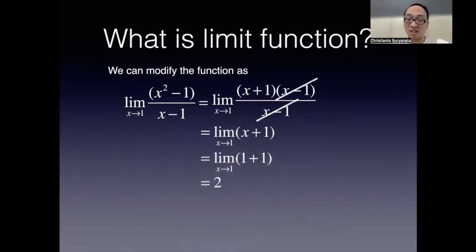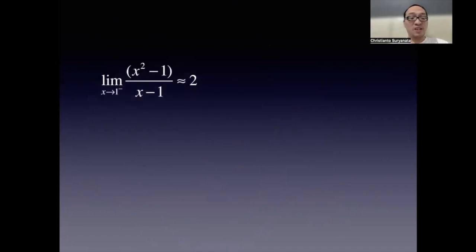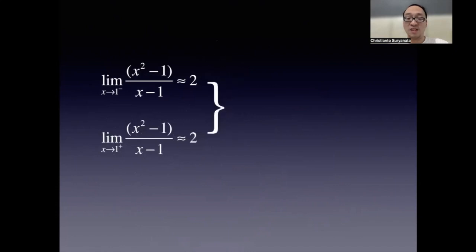So the result of the limit is 2, by replacing the value of x in the modified function. The limit from the left side equals 2, and from the right side equals 2 as well. So we can conclude that the limit as x approaches 1 of f(x) equals 2. So this is a limit function.